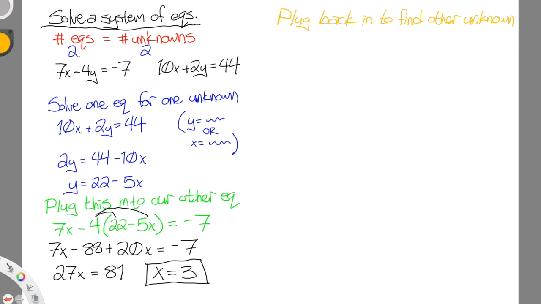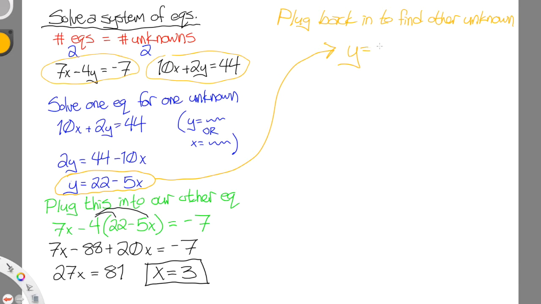We could plug back into either one of our original equations, or we have an equation that just solves for y right here. Any of those three equations circled in orange, you could plug the value of x equals 3 into there and solve for y. I'm going to use this one just because it's already in a convenient y equals form for us, so we won't have to do much extra work.